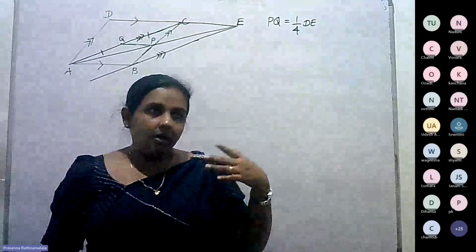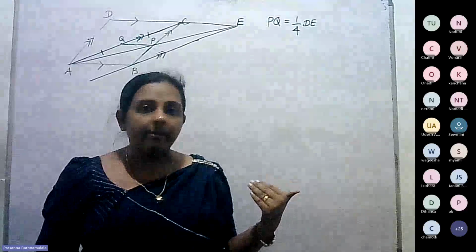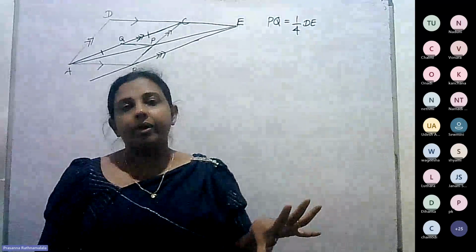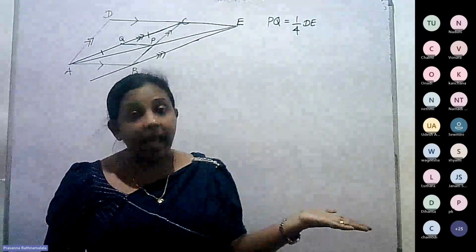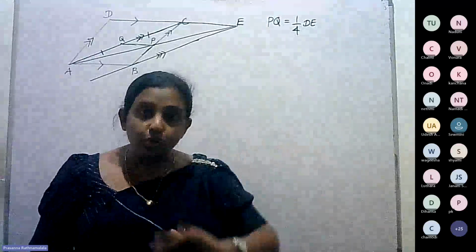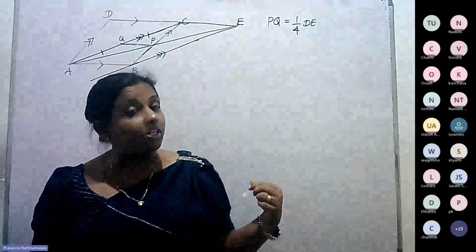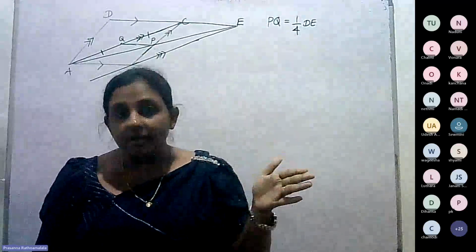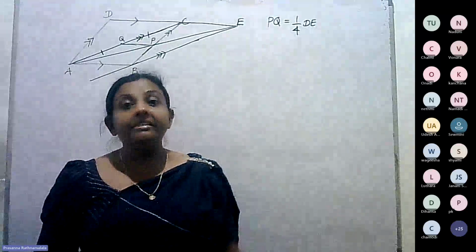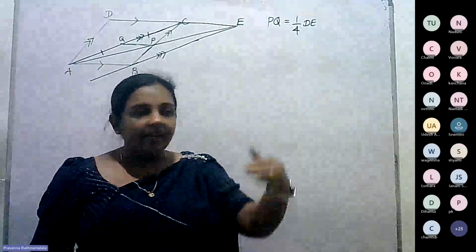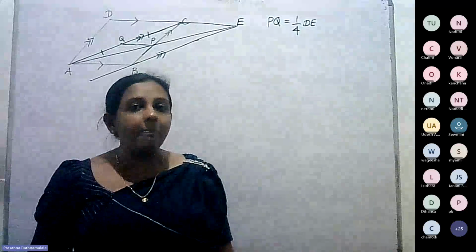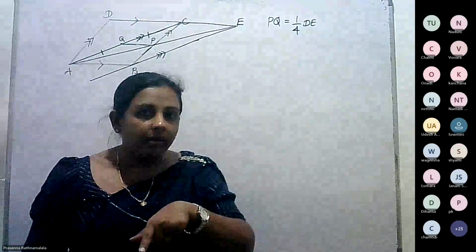You know that in a parallelogram, we have the characteristics as theorems: opposite sides are equal, opposite angles are equal, the diagonal divides the area into two equal parts, and the diagonals bisect each other.